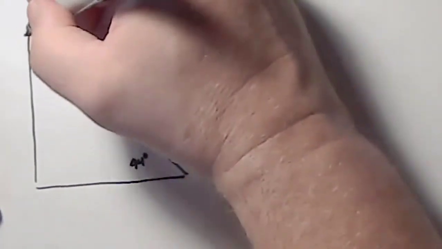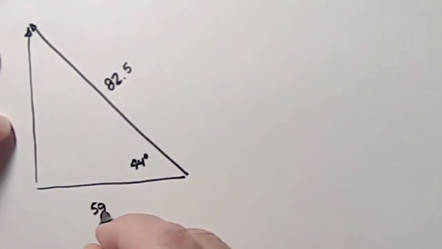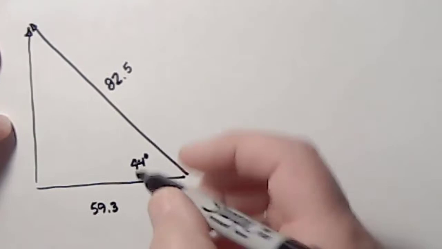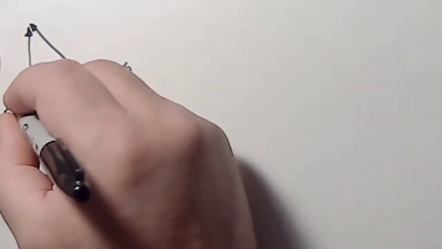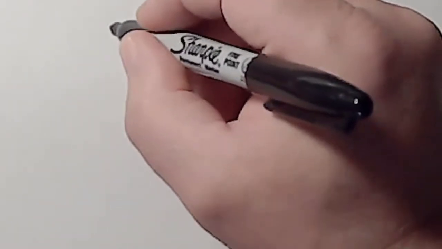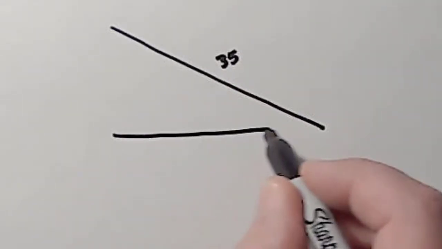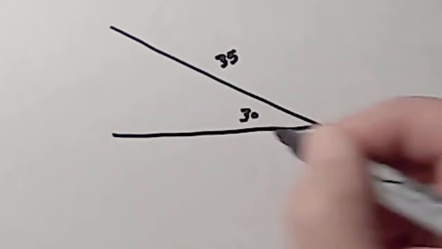So if I take my final result, my final destination, and I break that up into its x and y components, I end up with 59.3 miles this way and 57.3 miles that way. It's almost 45 degrees. These two should be practically the same, and they are. Okay, the other vectors that I know, 35, and again, this is at 30 degrees.